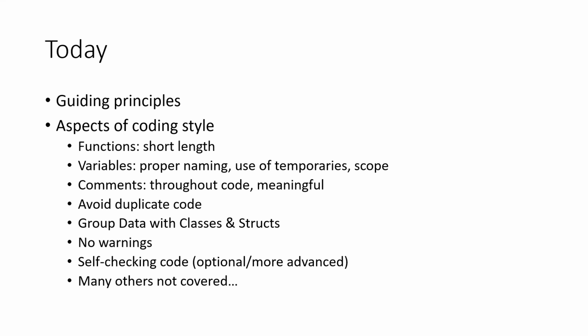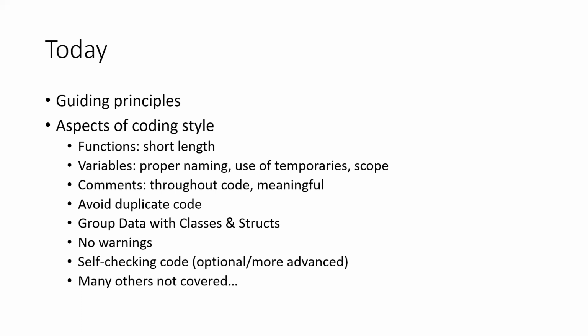The variables need to have proper naming. You need to use temporary variables, and your variable naming should reflect your scope. Comments need to be throughout the code and need to be meaningful. If you just want to add in comments that mean nothing, that also means deduction of marks.